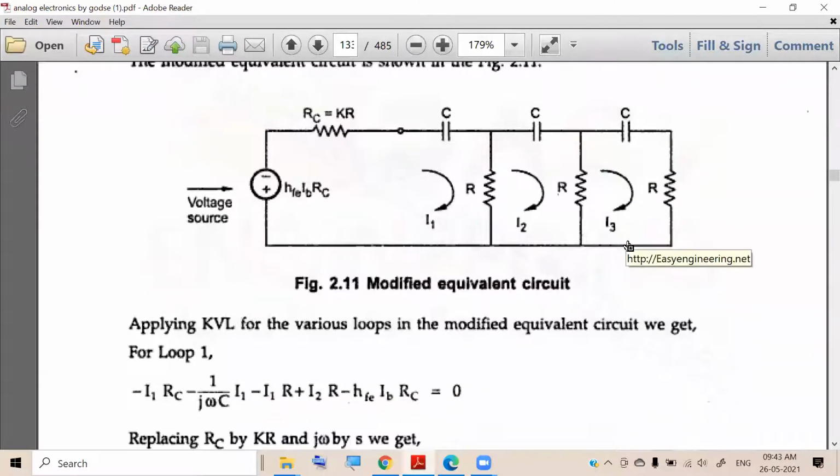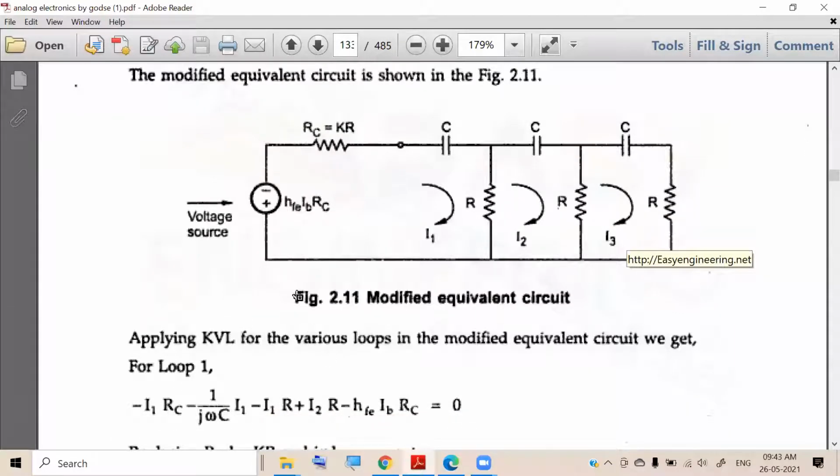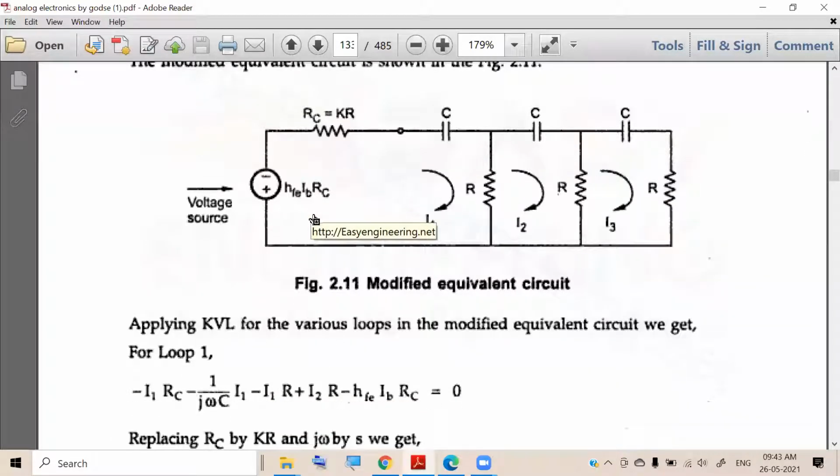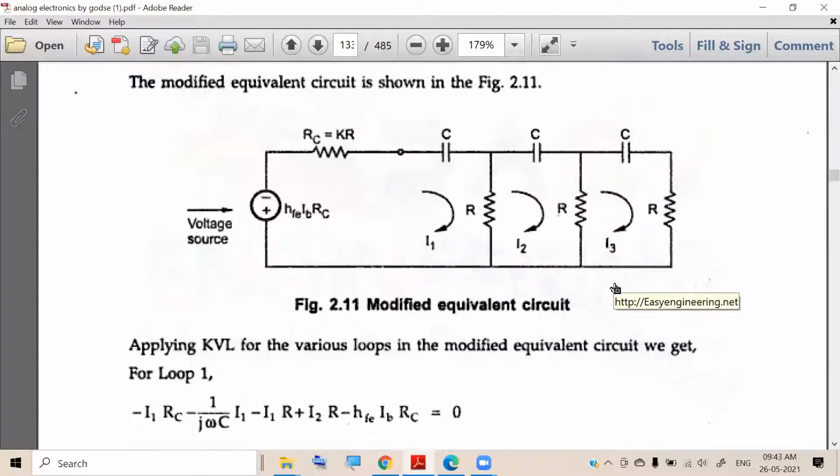First we will write, here we have 3 loops: first loop, second loop, then third loop. The general practice of writing a KVL equation is to first name the loop currents, so we will give names. Any KVL, this is the process, so study the process.